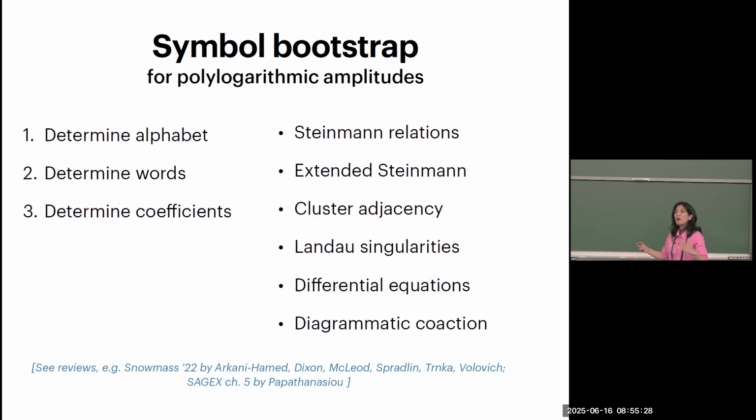If you know that you're working with something polylogarithmic, and you want to write down its symbol in a bootstrap sort of way without computing it directly, you want to know the alphabet, so what's going into that tensor algebra. You want to know how those letters are combined into words, or what sequences they can appear in, because not all of them will be possible physically. And then finally, you want to put in all the coefficients to make the correct linear combination in the symbol.